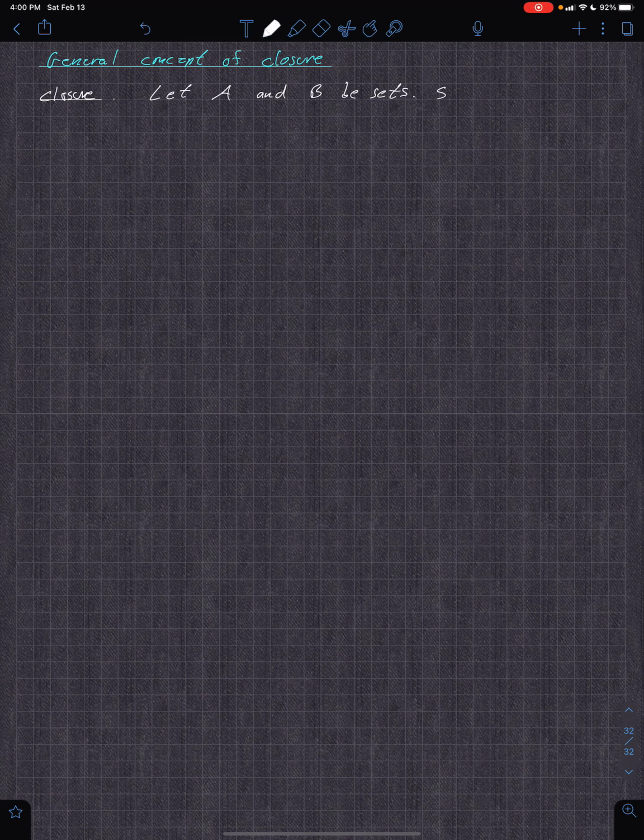And let's suppose that B is a subset of A. That's subset notation, you've probably seen it by now. So every element of B is in A, but not necessarily every element of A is in B.